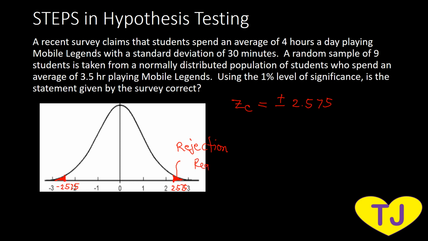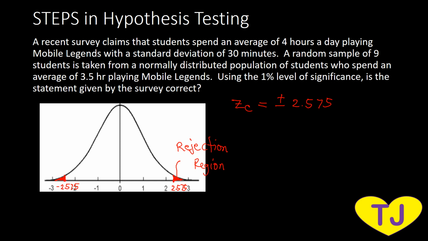Meaning to say, this is now our basis that we will be rejecting our null hypothesis if the next z value that we're computing, because later on we'll be computing for the z value, if that will be lying in that shaded area, automatically we will be rejecting it. Okay, so I hope it's clear.